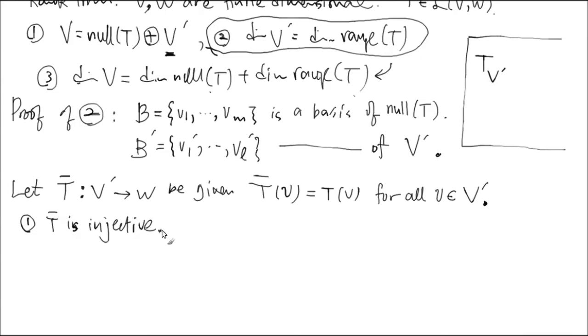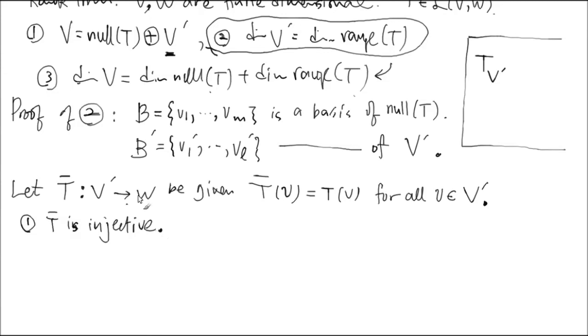Anybody remember the proof of T being injective? There's of course the typical proof, but for vector spaces, there's some connection between T bar being injective and something, right? Some theorem.